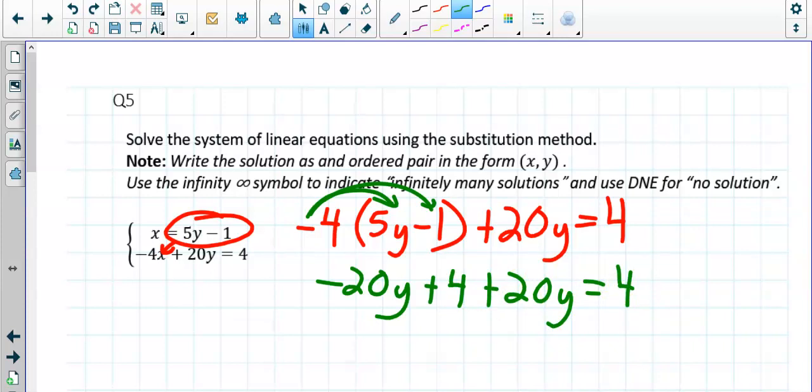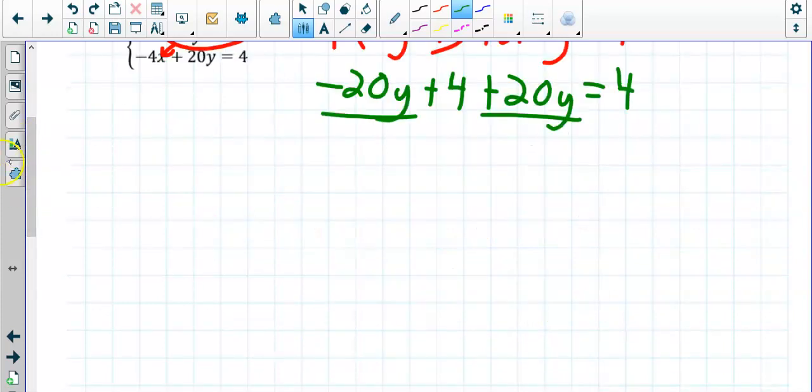And now put your like terms together. Who's going to get together? Yeah, the -20 and the +20. What's going to happen to that? Cancels. So what am I left with? 4 equals 4.